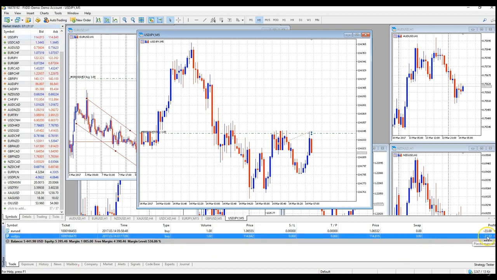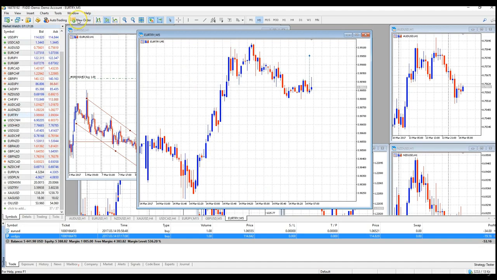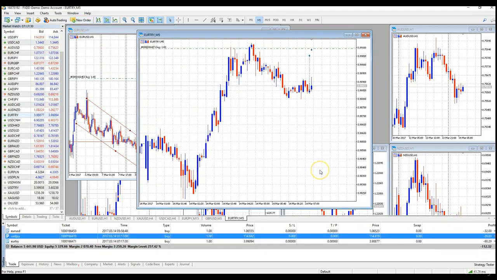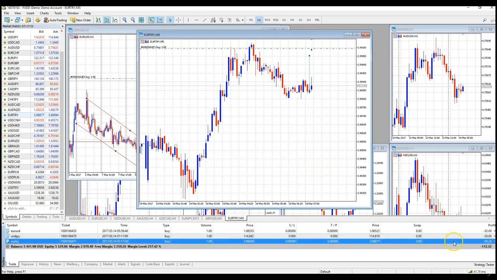So I was negative $20 the moment I entered the trade. Now, if I were to trade the Euro Lira, just pay attention to my terminal down below, just buy this. You see, that costed me about $60. Okay, so it's a lot more expensive to trade an exotic versus a major or a minor.